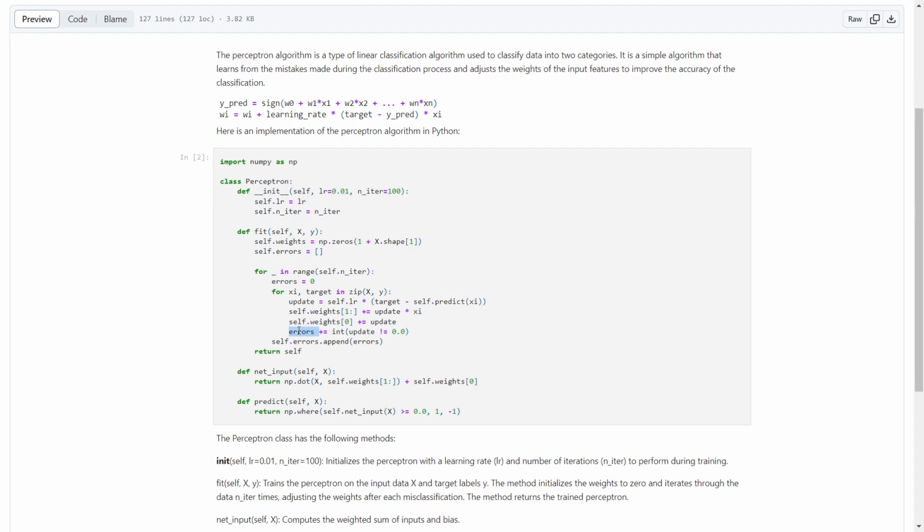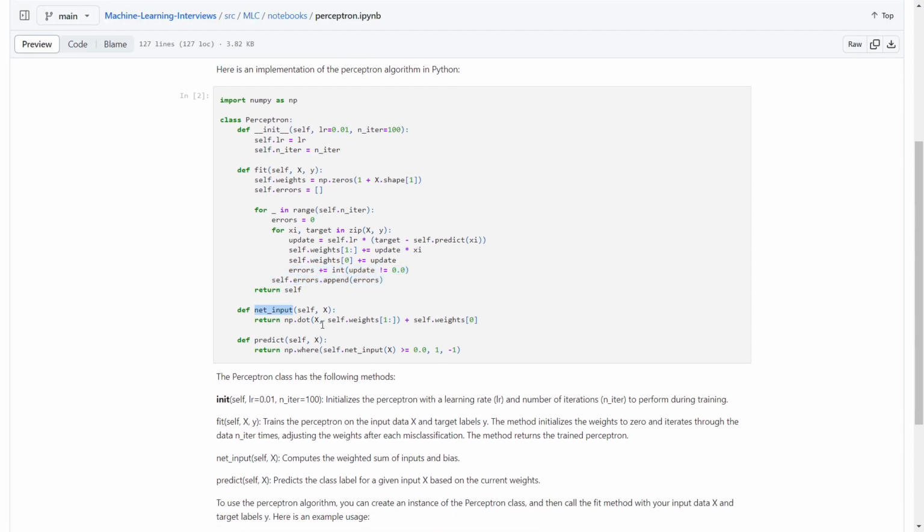Finally, we add all the errors to see if errors are there. Then for net input, we take the inputs and classify based on how the inputs are, where the perceptron is predicting.